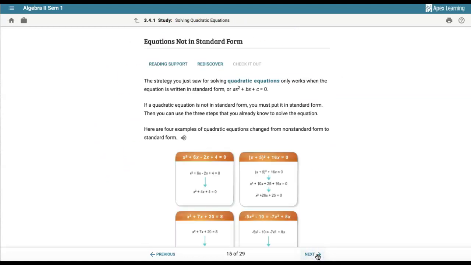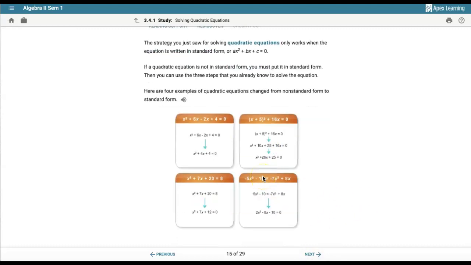Now, moving forward, this is going to be the content for your second quiz. So, equations not in standard form. We have multiple ways of putting them in standard form, and here are 4 of the ways that we've talked about. Combining like terms would put it in standard form.